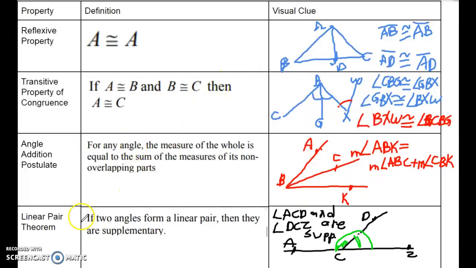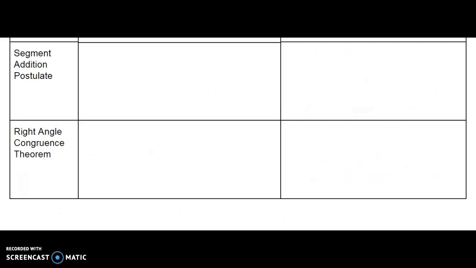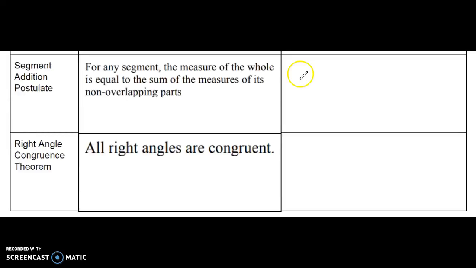Okay, let's take a look at a few more here. We've got two more here: our segment addition postulate and our right angle congruence theorem. These simply state that for any segment, the measure of the whole is equal to the sum of the measures of its non-overlapping parts. This is real similar to the angle addition postulate.